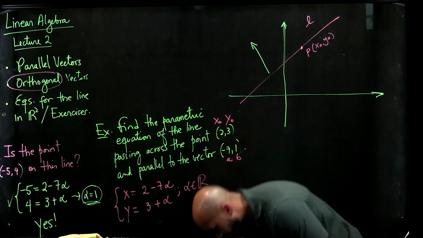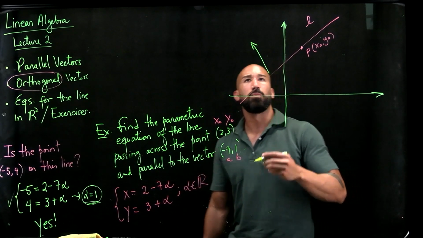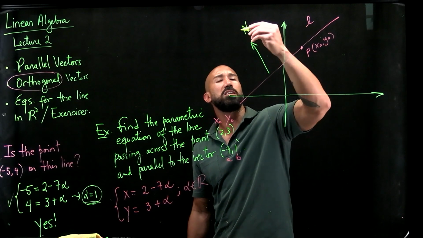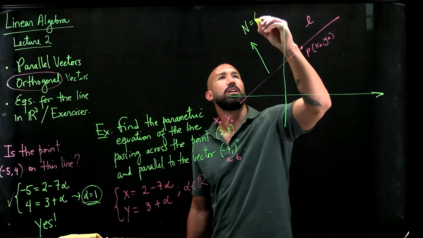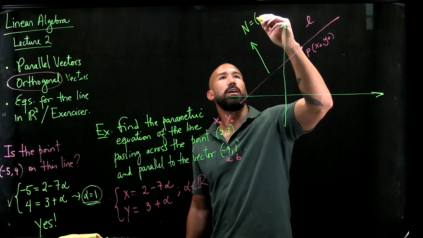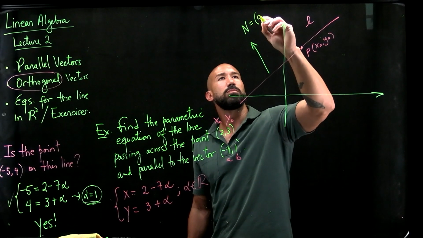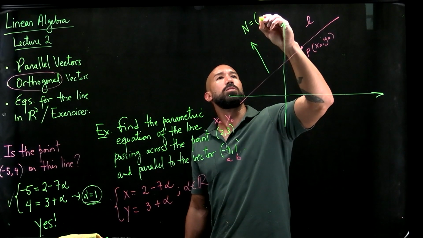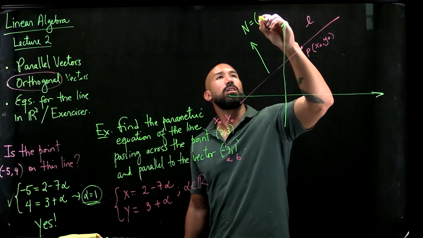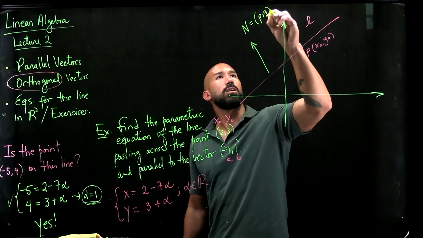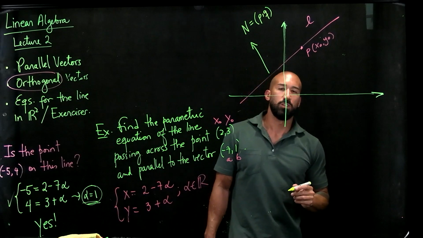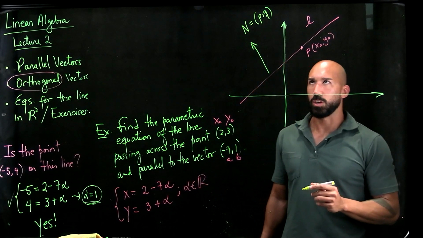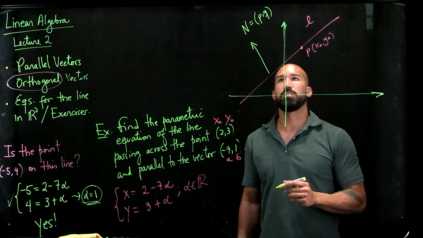It's a normal vector. So let's suppose that this vector, I'm going to call it N, and let me use p, q as the components of this vector.